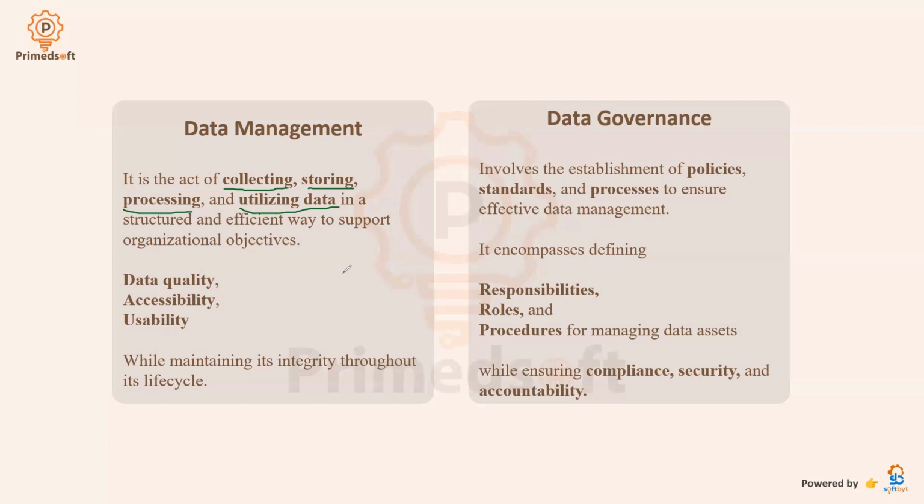On the other hand, what is data governance? This involves the establishment of policies, standards, and processes to ensure effective data management. Now, look at it. Data management has to do with collecting, storing, processing, and utilizing data, ensuring data quality, accessibility, and usability, whereas data governance has to do with the rules, policies, and standards that ensure effective data management.